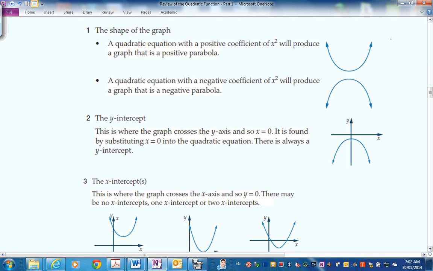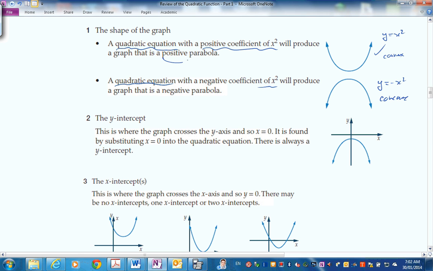So, the shape of the graph. A quadratic equation with a positive coefficient of x squared is concave up. Sometimes called convex, this one, where the cave is up. A quadratic equation with a negative in front of x squared: this is y equals x squared, and this is y equals negative x squared, and this is called concave.